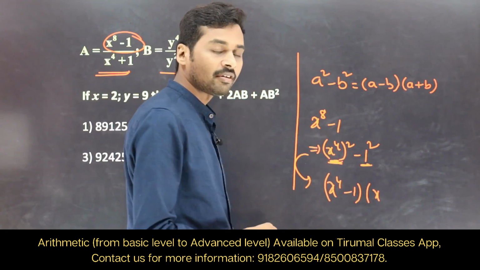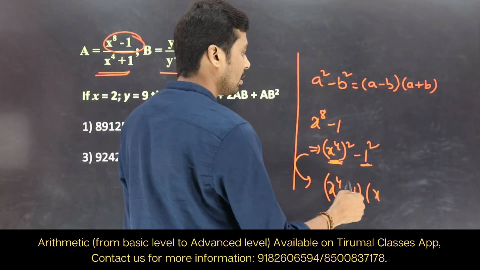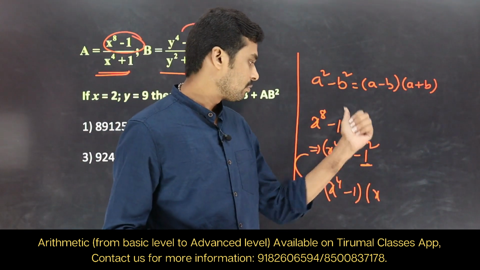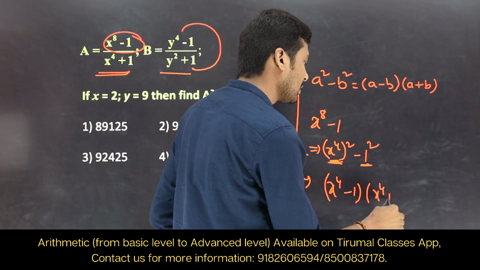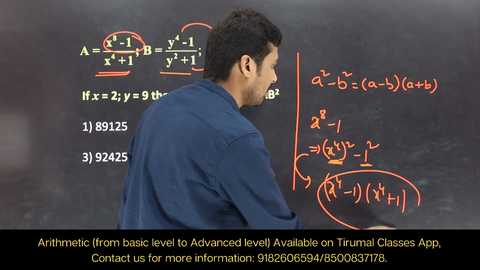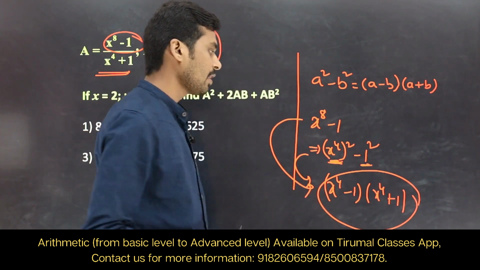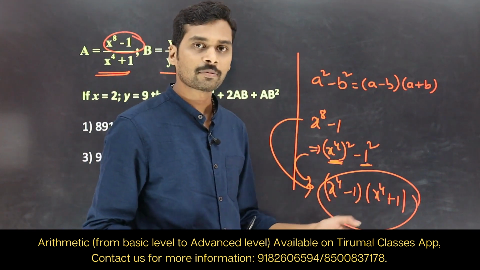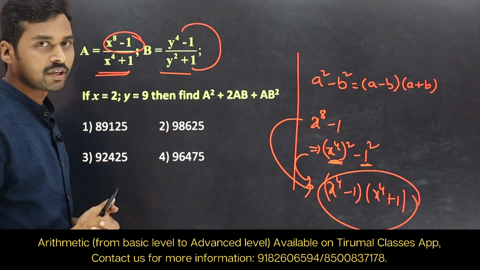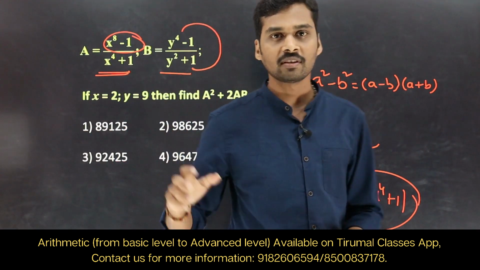Here the a value I have taken as x power 4 and the b value is equal to 1. So x power 4 minus 1 into x power 4 plus 1. Of course, these are quite common things in algebraic expressions. When you do algebra problems, these are actually the simplest problems.